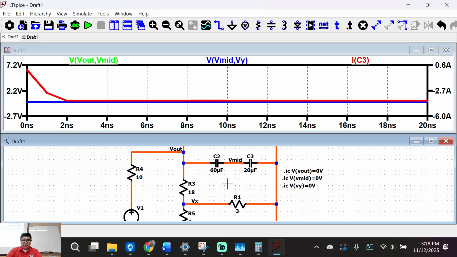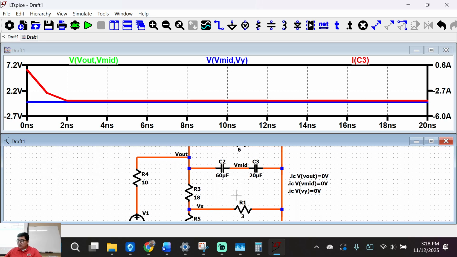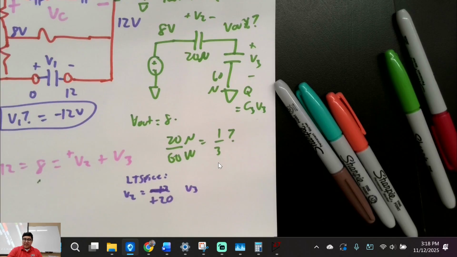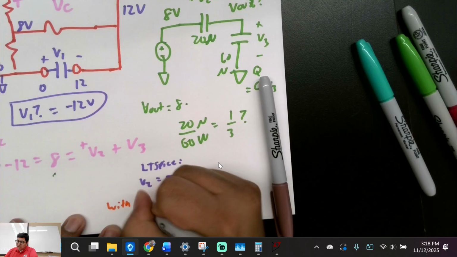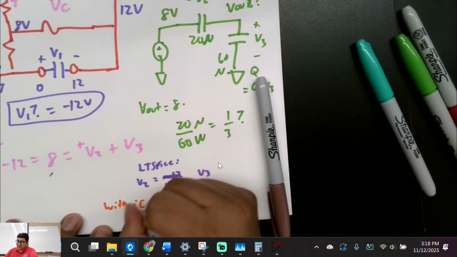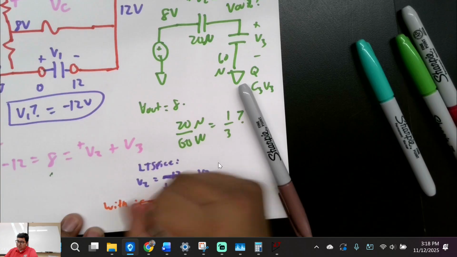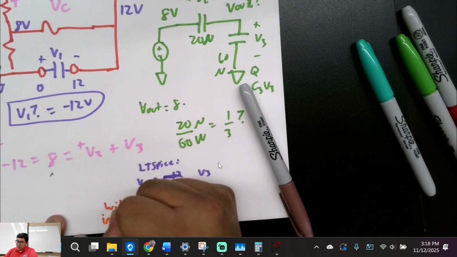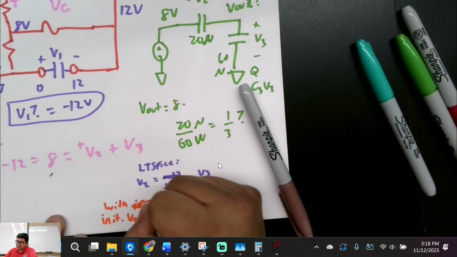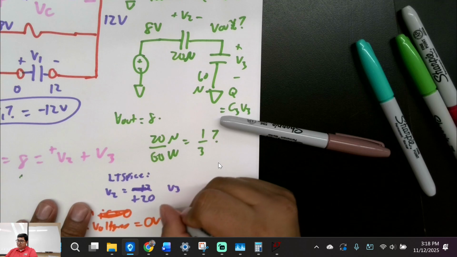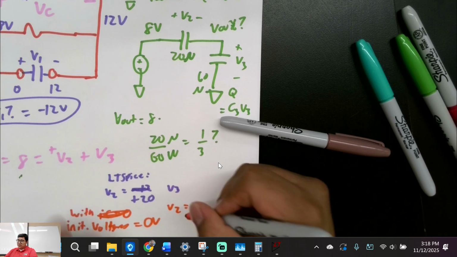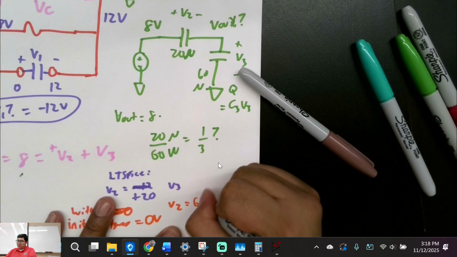Because let's see. Let's go back to our thing. Let's see right here. With IC equals 0, initial voltages equal to 0 volts, now we get V2 was equal to, the smaller bucket got 6 volts, right?